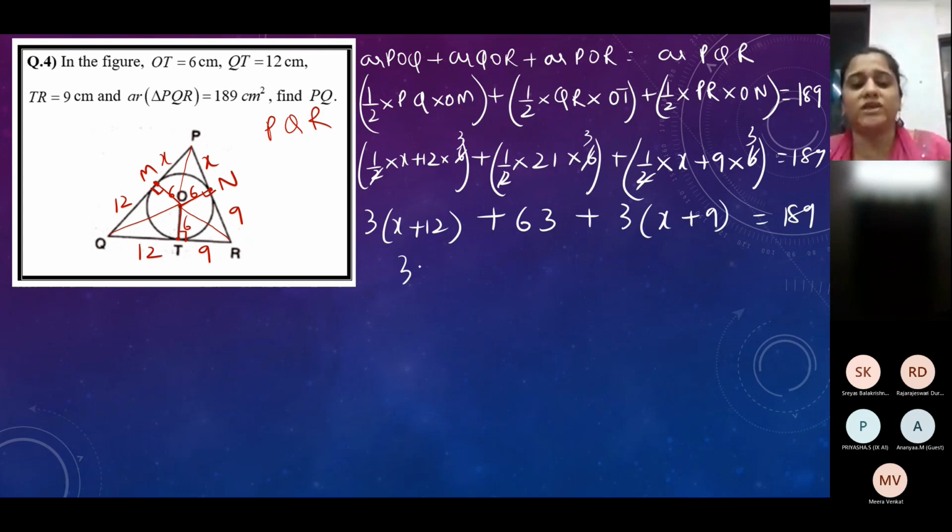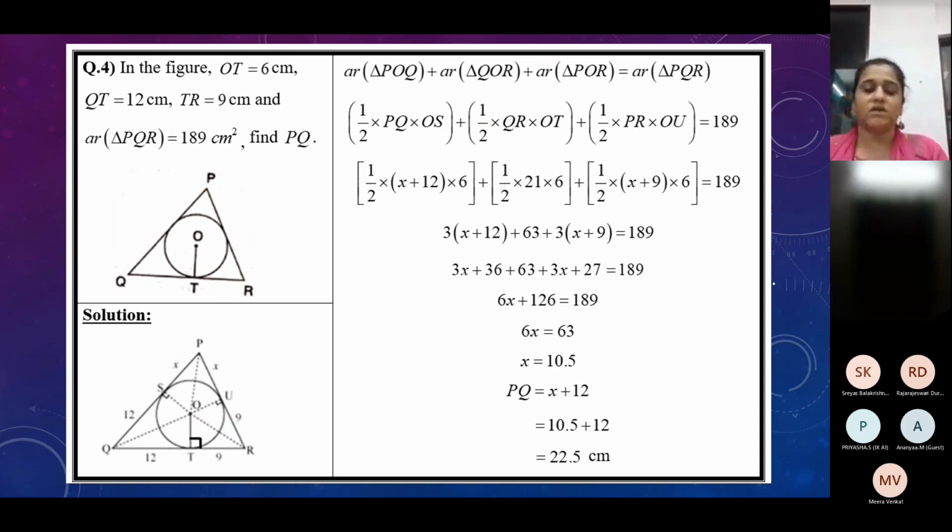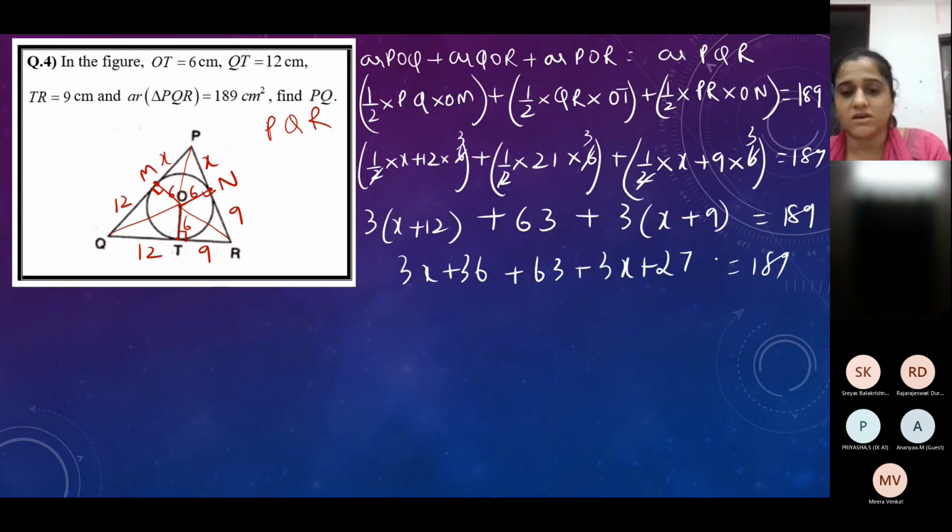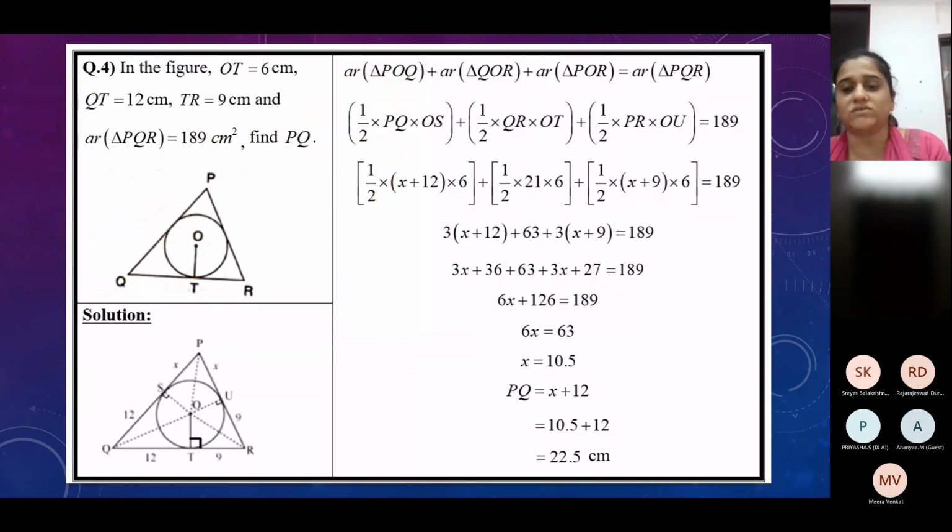So 3X plus 36 plus 63 plus 3X plus 27 is equal to 189. On working that, you'll get the value of X. The question is to find PQ. PQ is X plus 12, which is 22.5.